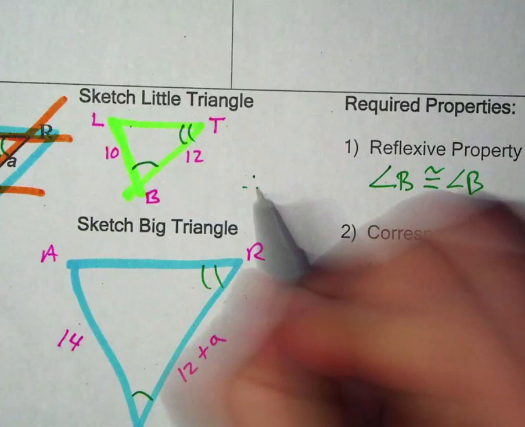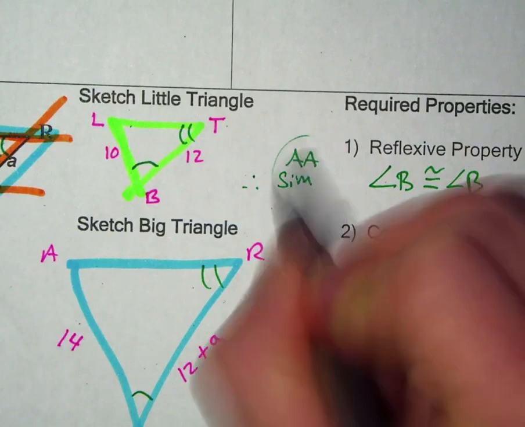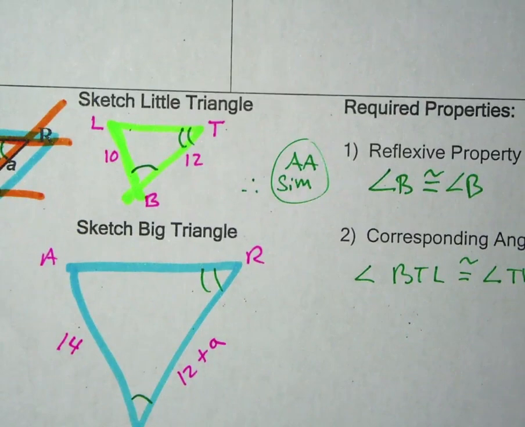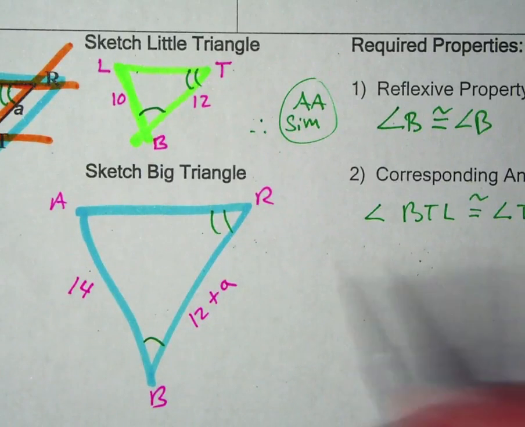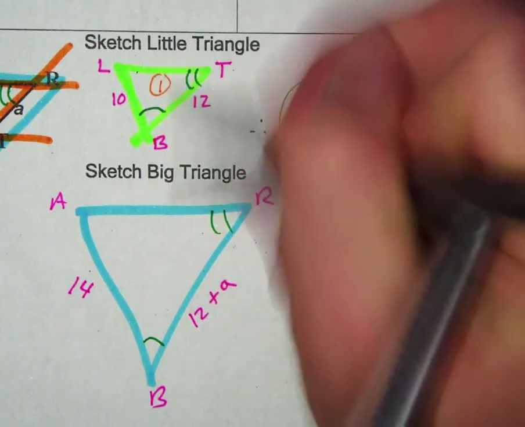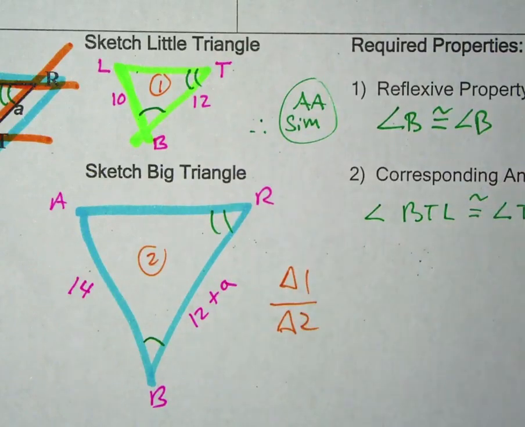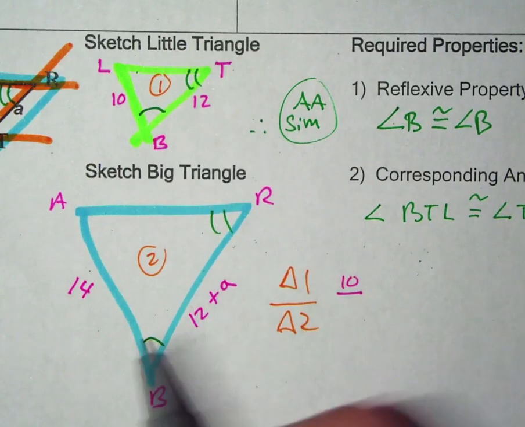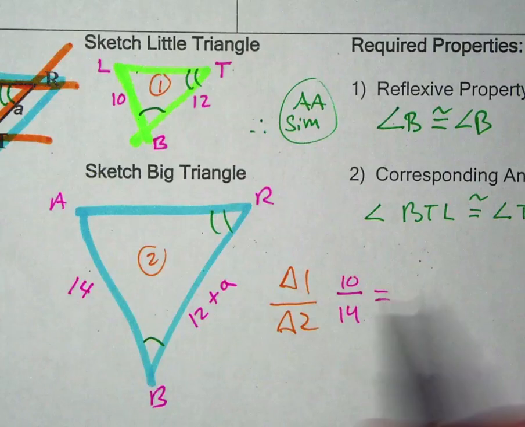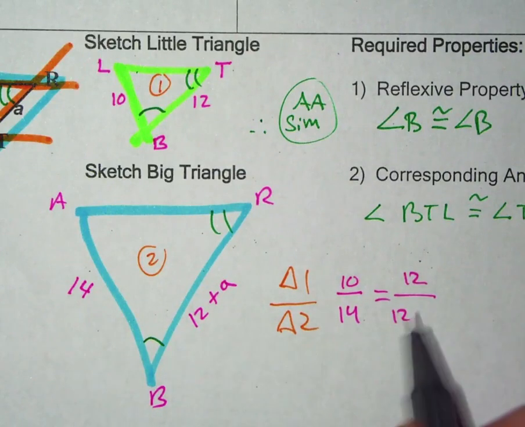So, therefore, I know that these are similar by angle-angle. So now I can set up a proportion, which is great. So I'm going to take these guys right here, and I'm going to go ahead and say, how about triangle 1 to triangle 2? And I'm going to say 10 is to 14, as 12 is to 12 plus A.